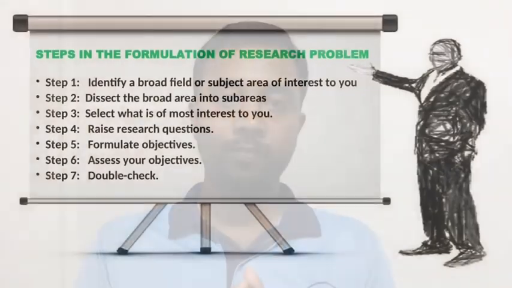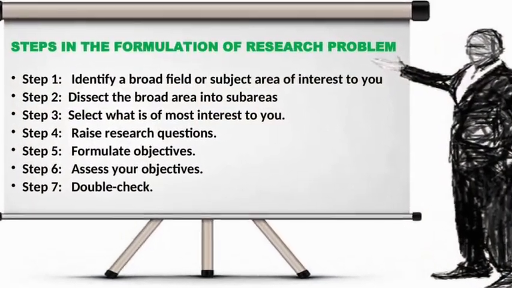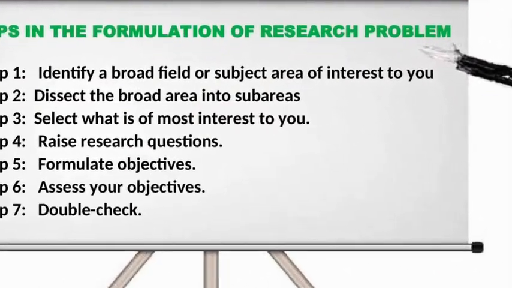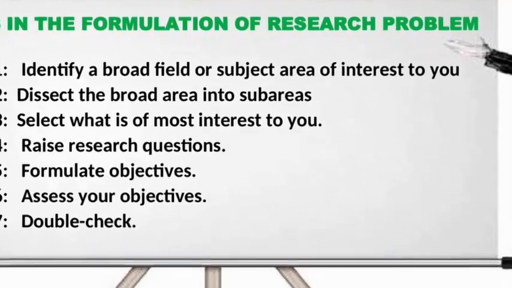There are 7 steps involved in creating a research problem. The first step is to identify a broad area of your topic, that you will get from different reviews or from some experienced person or from your own experience.